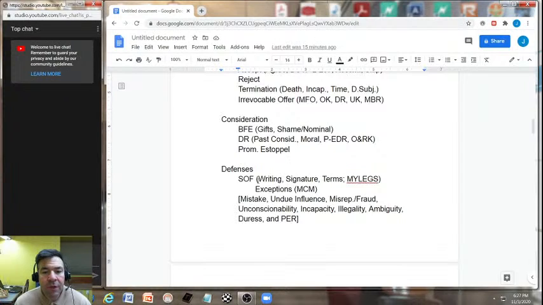The exception for the sale of an interest in land type contracts would be payment of what? Payment of taxes, possession of the land, and improvement of the land. Some people call all this part performance, but you could break it up: payment, possession, improvement, all coupled under part performance.